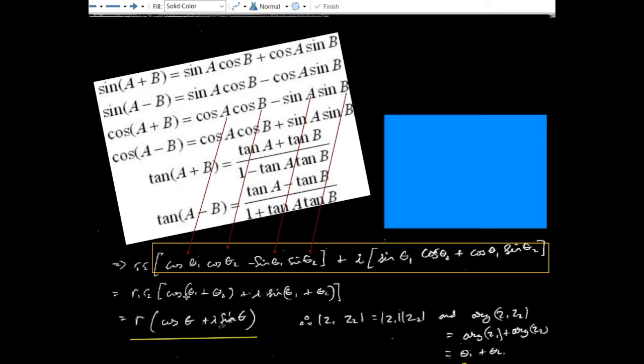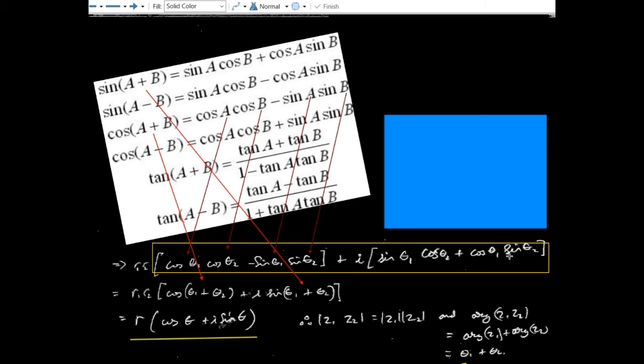We've got cos theta 1 plus theta 2 instead. So that is how I was able to produce that. You can do the same for sine theta cos theta plus cos theta sine theta, and therefore this should be sine of A plus B. So sine A plus B is there.